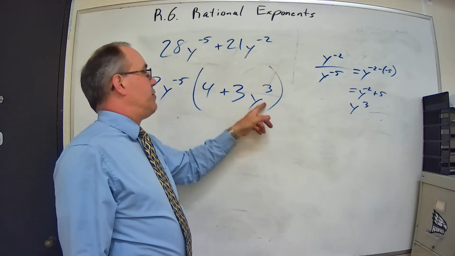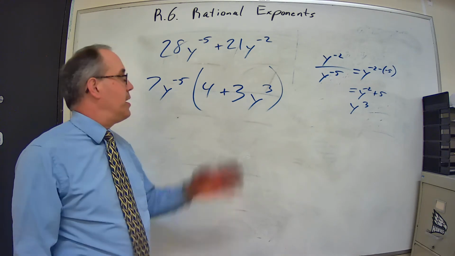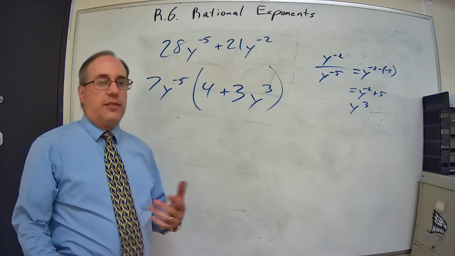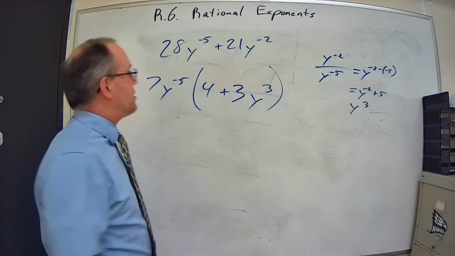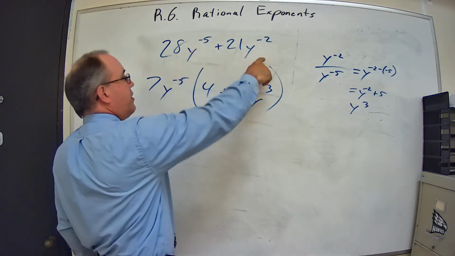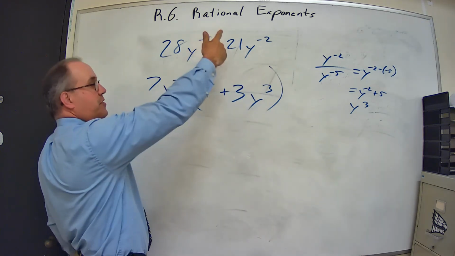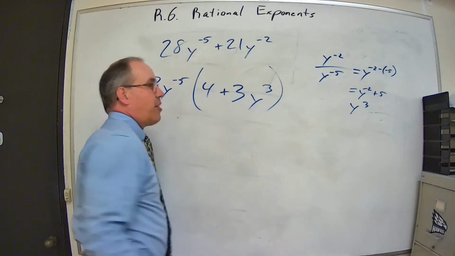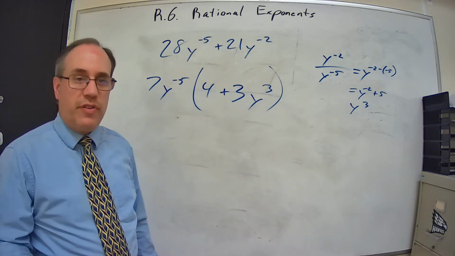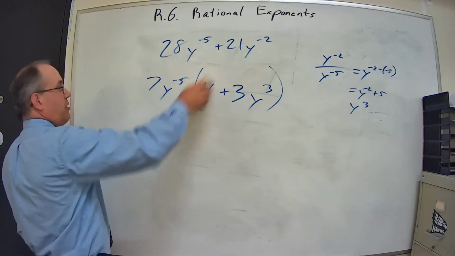Y to the negative 2 divided by y to the negative 5 is going to give me a positive 3, y cubed. So look at it a couple times, think about it, but basically you're just pulling out the most negative, and that's going to turn that into the variable to the 0, and it's going to turn any other ones into a positive exponent. So that's how we would factor that.